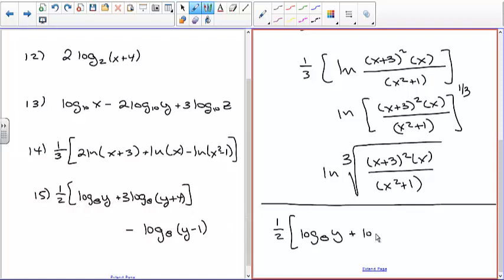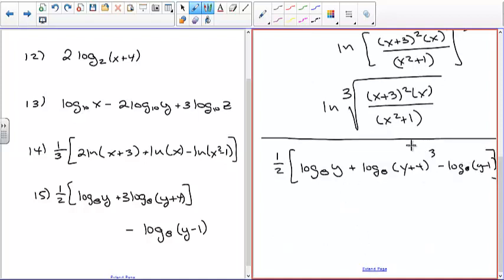So we take that number and move it inside, make it the exponent. The last one doesn't have a coefficient, so we just leave it as it is. Like that.